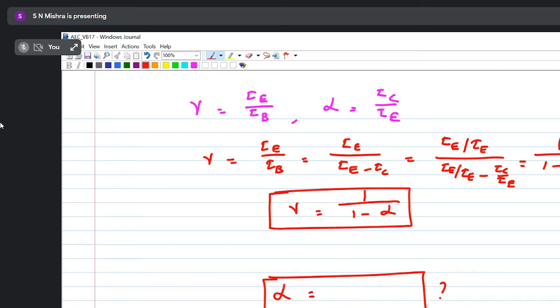For all our practical cases, we will be considering the first order diffraction where m is equal to 1.